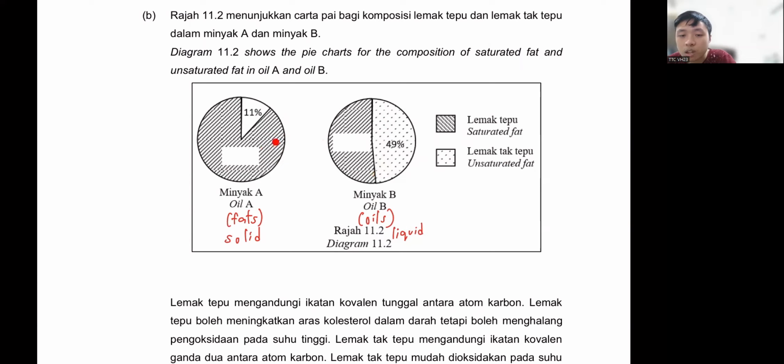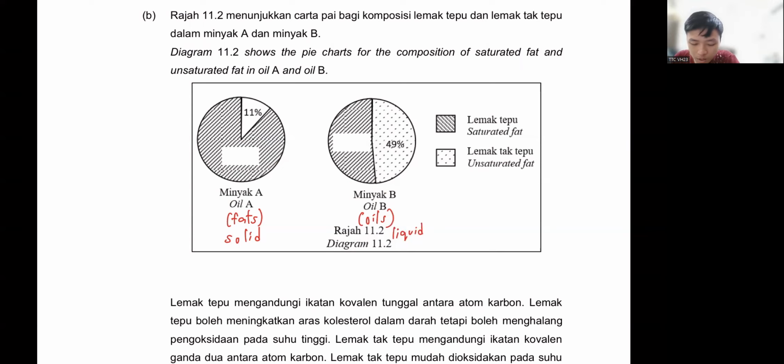This one is only 11% unsaturated, so this one is saturated fat. Saturated fat exists in solid form. This oil contains more unsaturated fat, so it is in oil form, in liquid form.